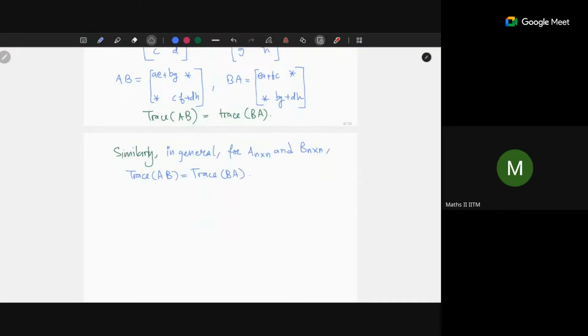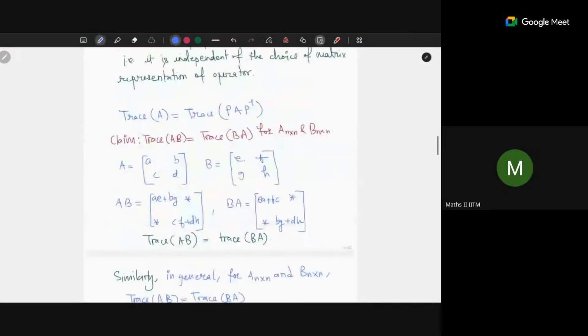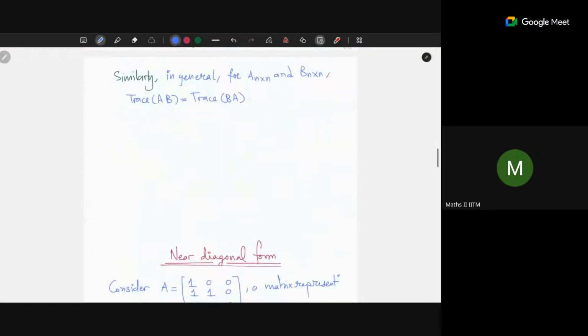Once you have this result, now you can prove it for the above case. Let's start with trace of P A P inverse.